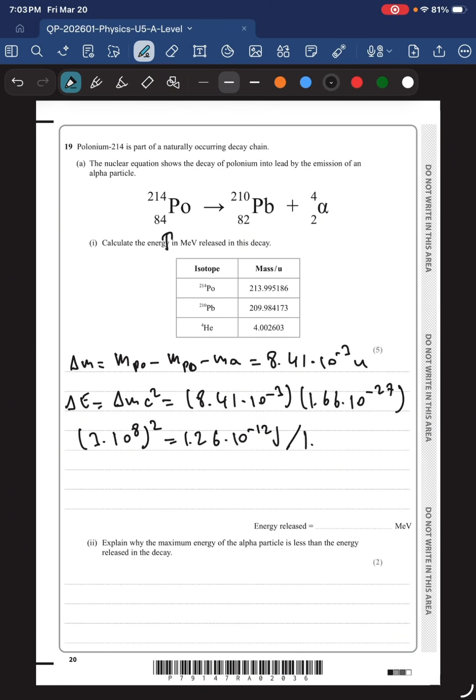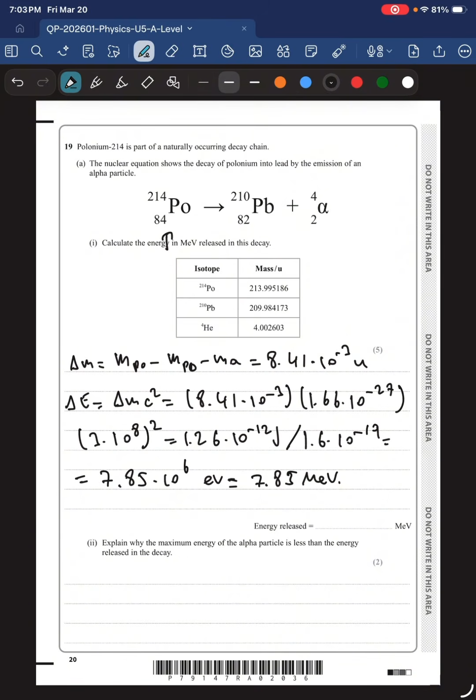And if we divide by 1.6 times 10 to the negative 19, we will find this energy in eV. So 7.85 times 10 to the 6 eV, which is equal to 7.85 MeV.